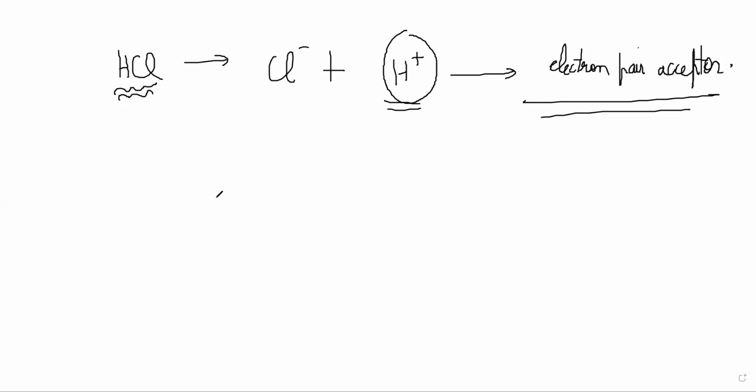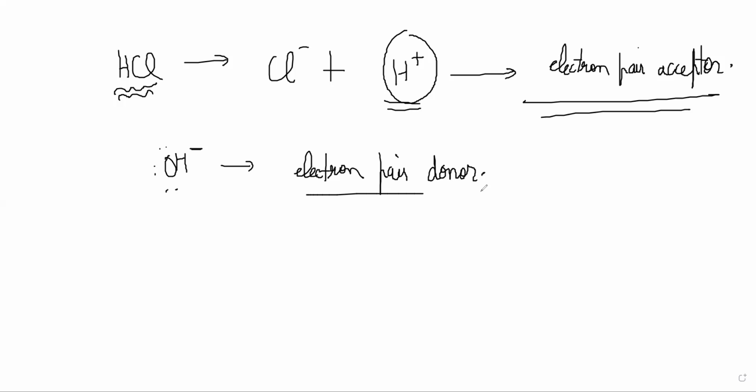On the other hand, OH minus has extra electron pairs, so it will be an electron pair donor, right? So just understand the relationship between Bronsted-Lowry acids and bases with Lewis bases and acids by thinking that the standard Bronsted-Lowry acid will be an acid because H plus is there in that, and H plus will be released because of it, which is an electron pair acceptor.